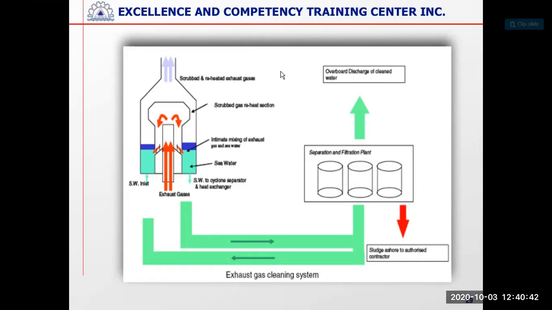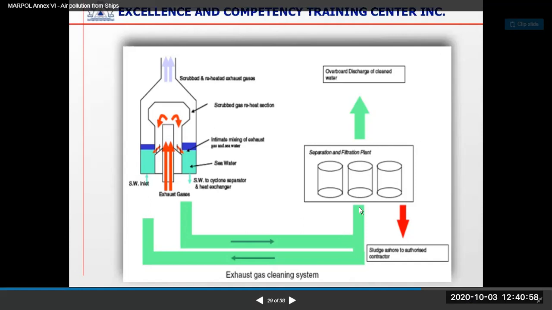It's very thin and many pipelines are leaking or the engine is not equipped to use this type of fuel. So they are installing scrubbers so that the regulations of sulfur cap are complied with. The exhaust gases pass through the scrubber and the sulfur is reduced as per the requirement.